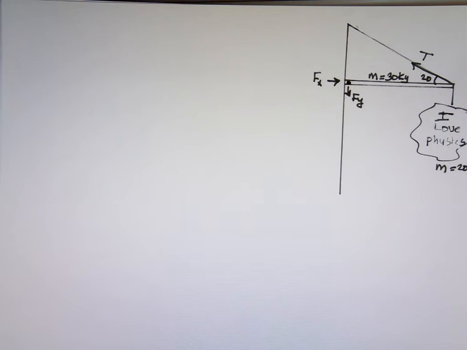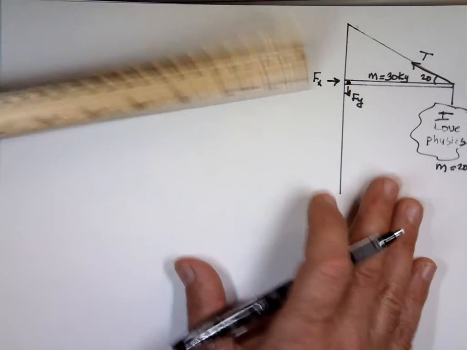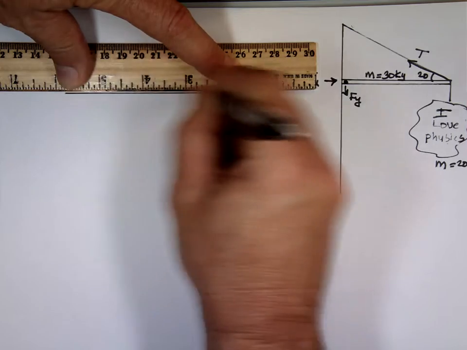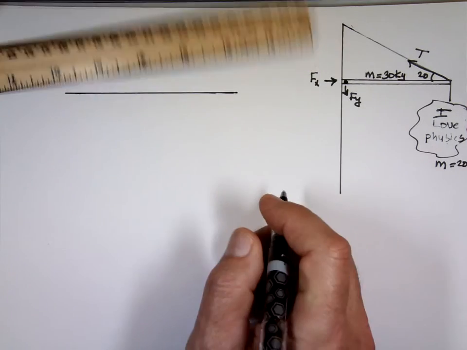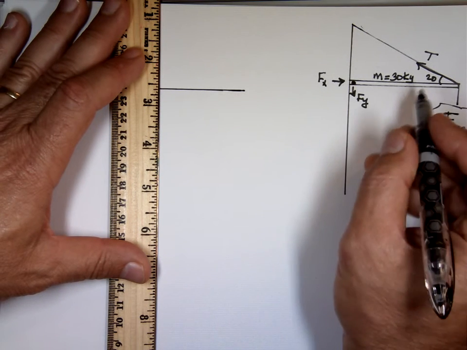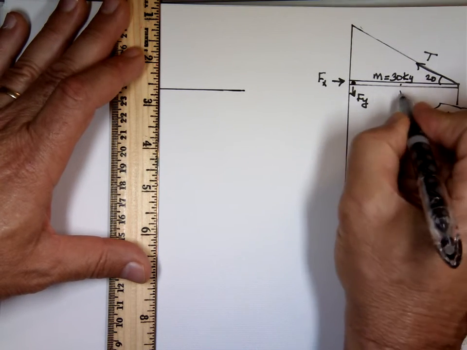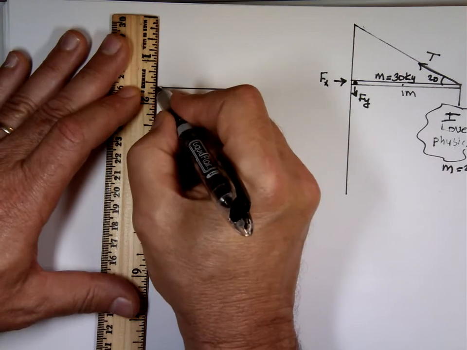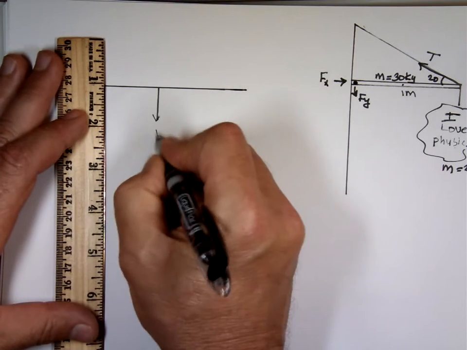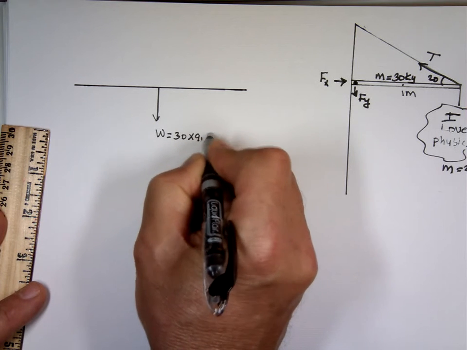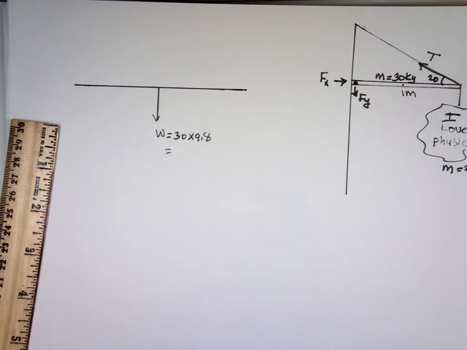So my free body diagram, here we go. Let me draw that nice and clean. We have the weight of the beam itself in the middle of it, uniform beam here. I never gave you the length of the beam, so let's say 1 meter long. So we have the weight of the beam, which is 30 times 9.8, $294.